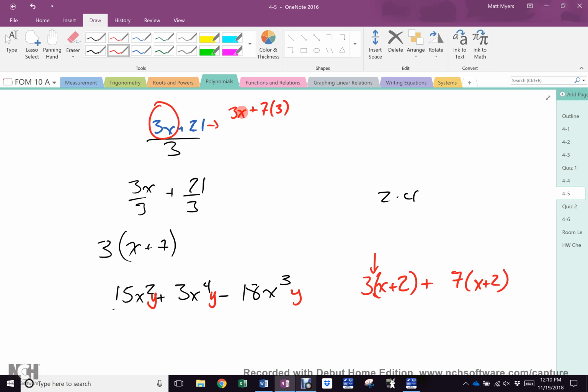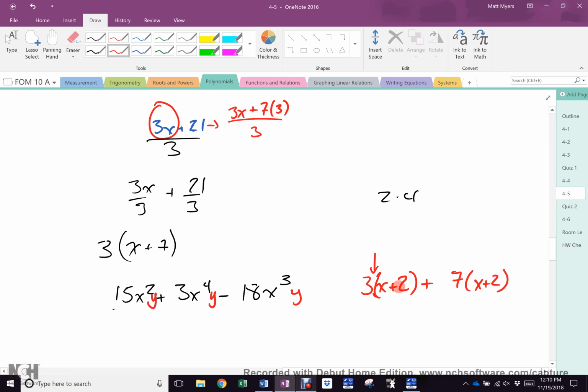Any two numbers that multiply together. Are these factors? Yes, because it's 3 times x. Are these factors? Why? Because they're two numbers multiplying together. Is there a common factor? What is the common factor here? 3. So I can take out a 3, yes?